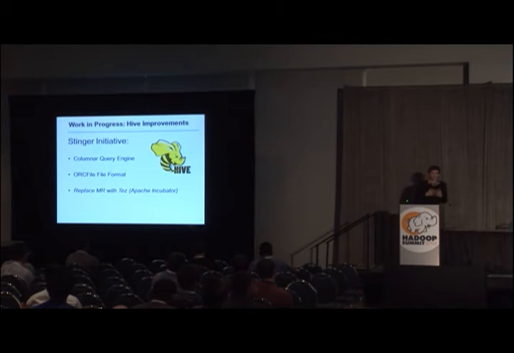So one is adding a columnar query engine for Hive. And the idea is instead of having a query engine that goes a row at a time, this engine would extract large blocks of rows and then process them a column at a time. And by doing pretty standard techniques like loop unrolling, trying to be more cache aware, you can extract a lot of performance benefits from that.